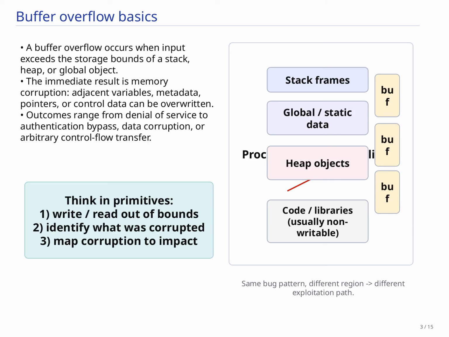So yes, the buffer overflow basics we have seen is that the adjacent variables, memory data pointers, or the control data can be overwritten. When a program is running in the memory, it organizes its code as blocks in the memory. And these memory blocks need to be adjacent because programs need to access them frequently.